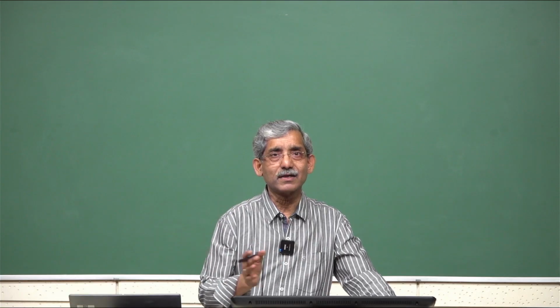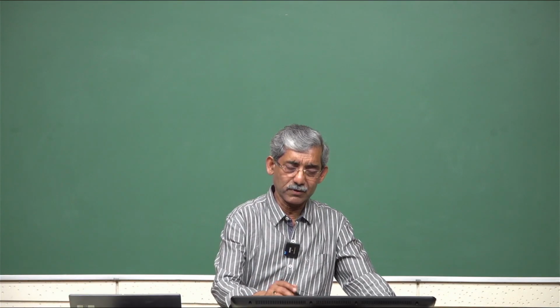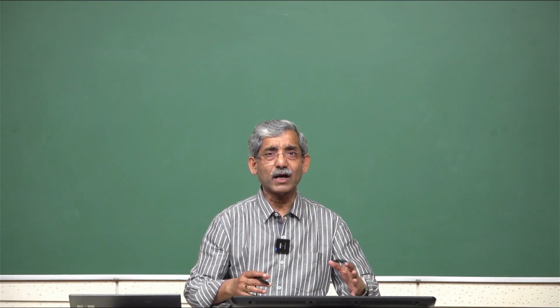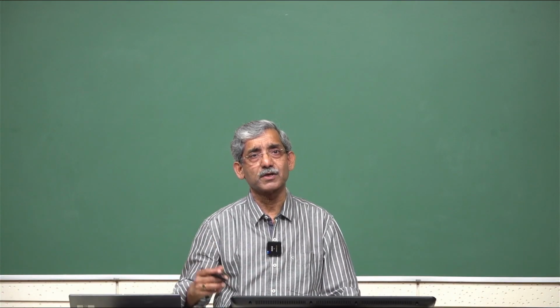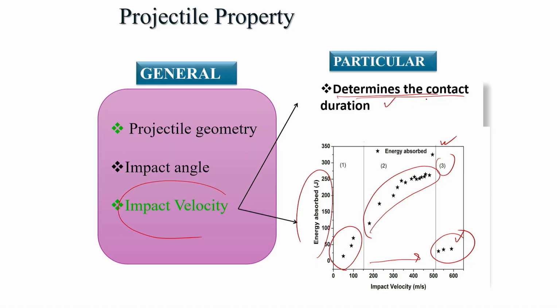This is for a particular type of fabric. So, to increase the energy absorption, we have to increase the contact duration. For high velocity, if we want to increase the contact duration, we have to use a thicker multi-layer fabric, multi-layer cloth.